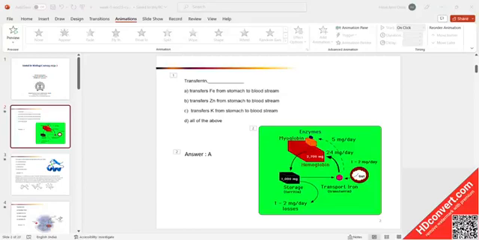One is known as transferrin and the other one is known as ferritin. Transferrin transfers iron and ferritin basically stores iron. And so therefore the correct option is option B.